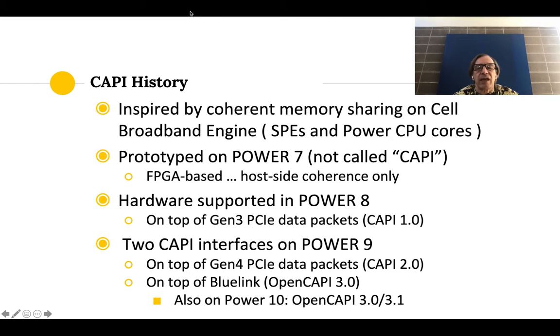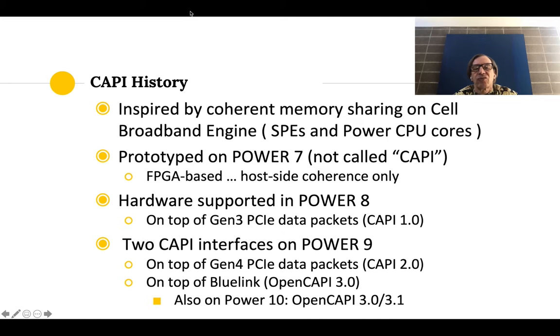It became a product on Power 8, and on Power 8, the CAPI protocol was implemented on top of data packets on PCI Gen 3. And that was CAPI 1.0. On Power 9, there were two CAPI interfaces.